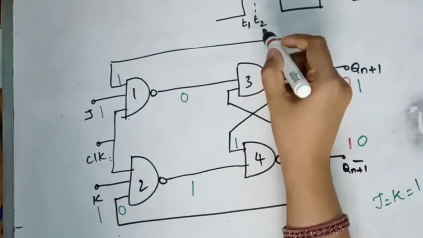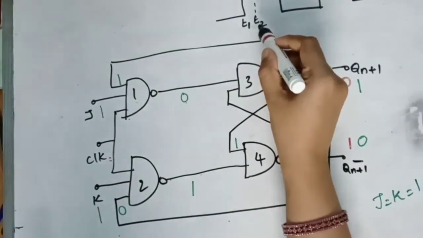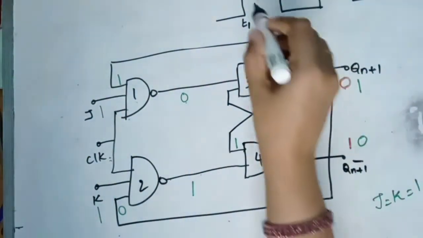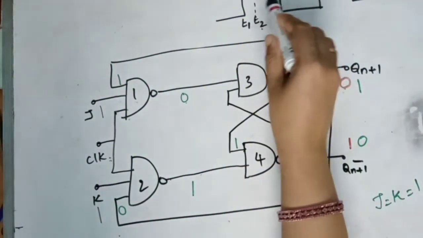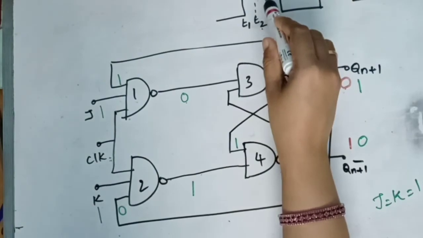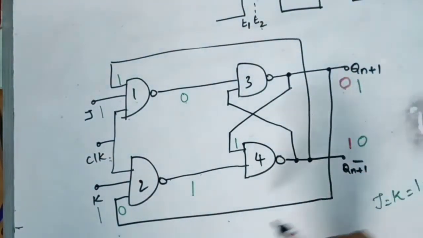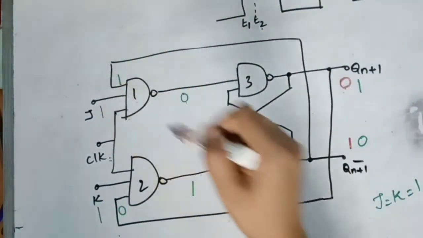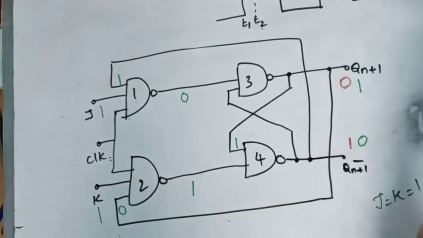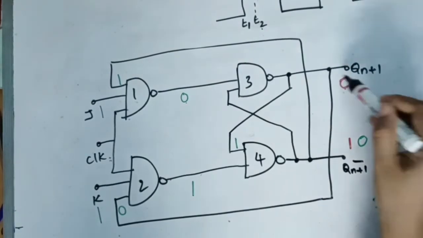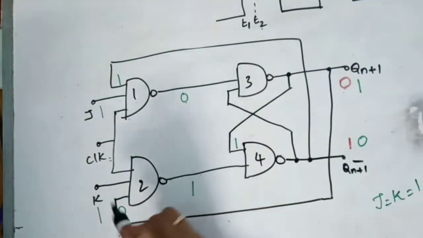So when it reached t2, my output has changed, but the problem is that the clock is still high. So what happens is, there is a feedback from the output to the input in the case of a JK flip-flop. So when this changes to 1, that 1 automatically comes here.